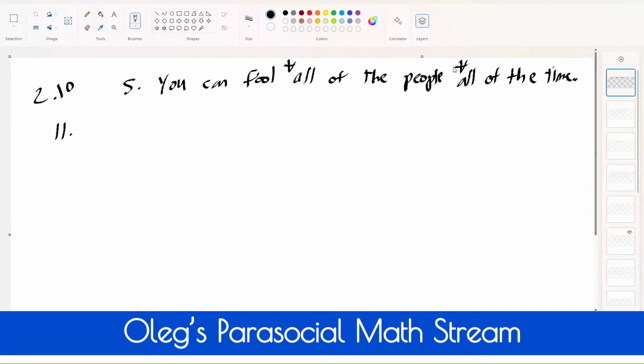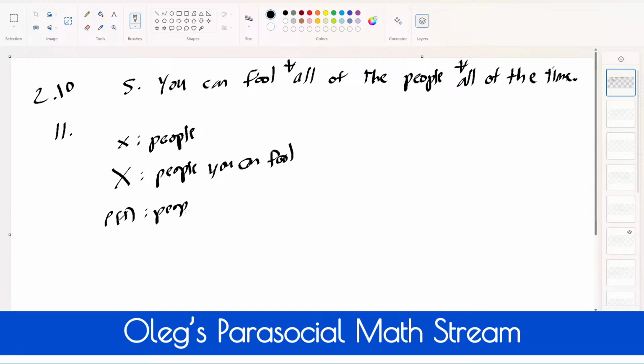So we're saying you can fool all of the people. And then so we're going to say X, people, set X, and then P of X, people you can fool.